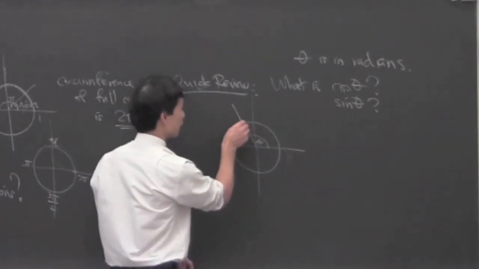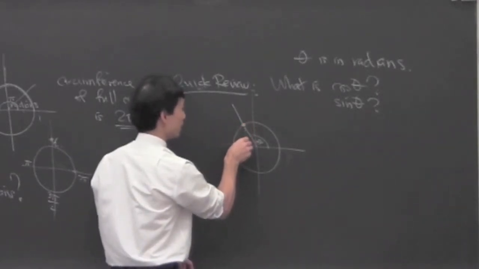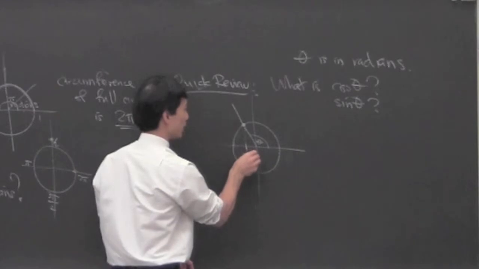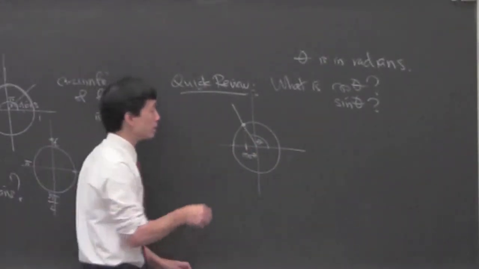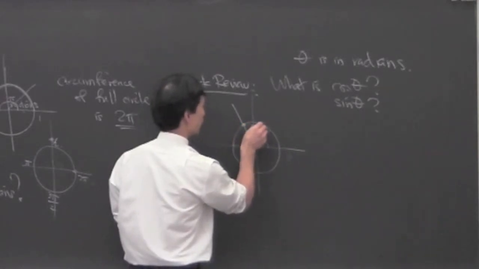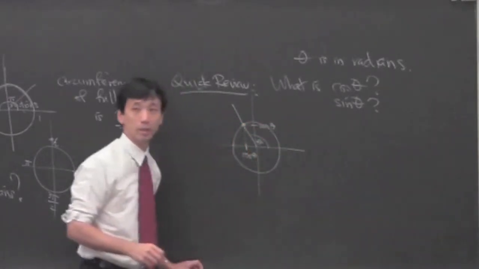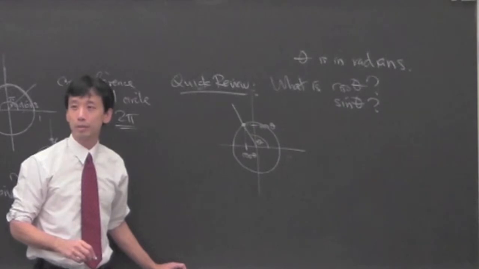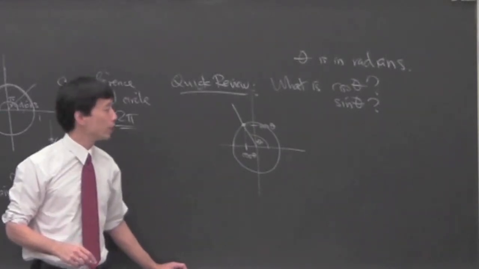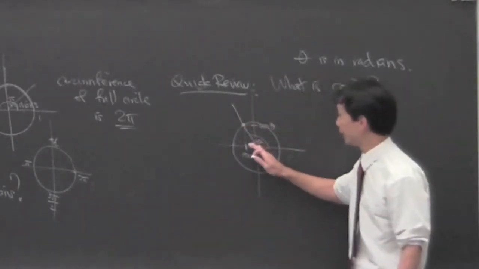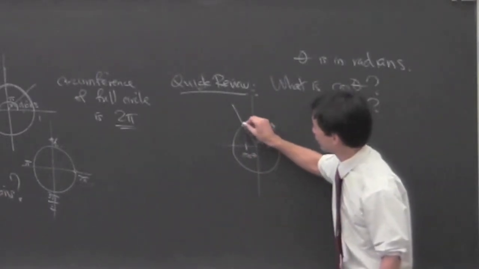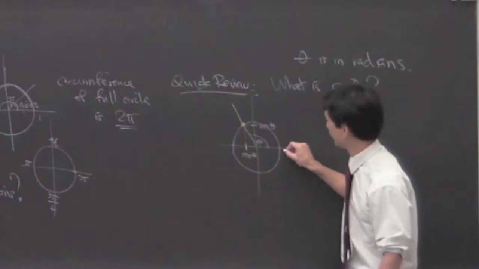The cosine is the x-coordinate of this point. The sine is the y-coordinate of this point. So you make an angle of theta radians, you intersect it with the unit circle.